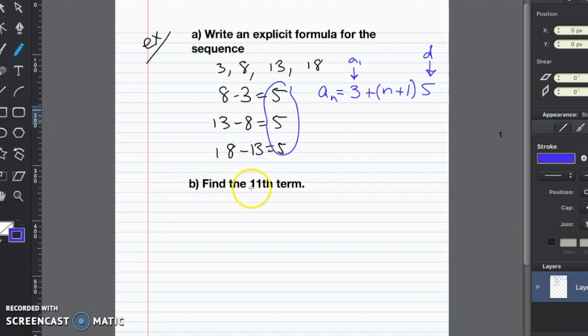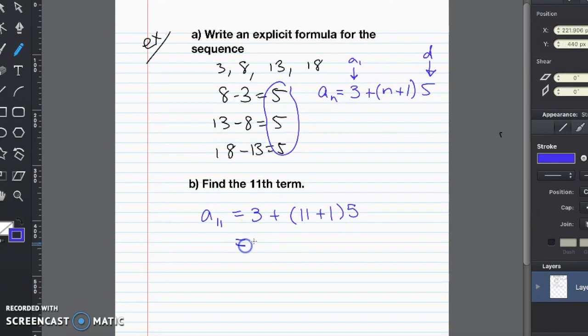Okay? So what I could do with that is I can find any term. So say I'm tasked with finding the 11th term. No problem. I have a sub 11. So the 11th term of my sequence is, I'm going to start with 3 plus n. Oops, sorry, not n. 11 this time. It's 3 plus 11 plus 1 times 5, right?